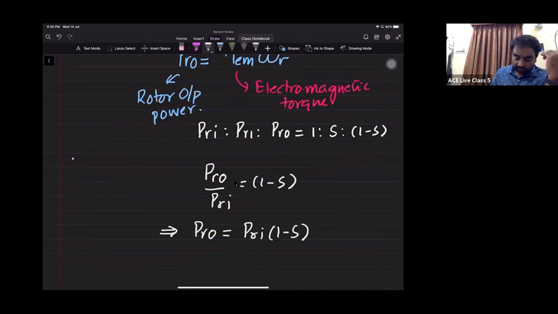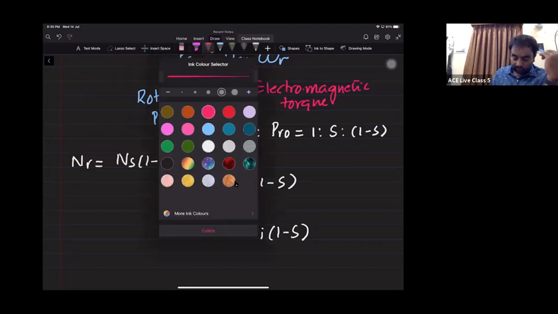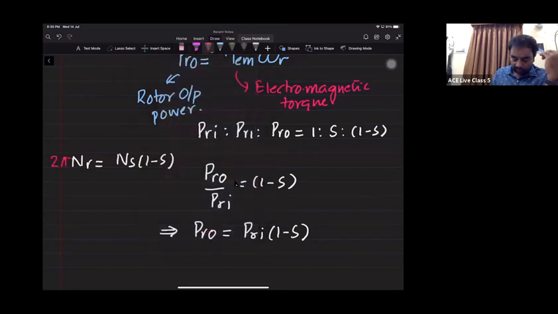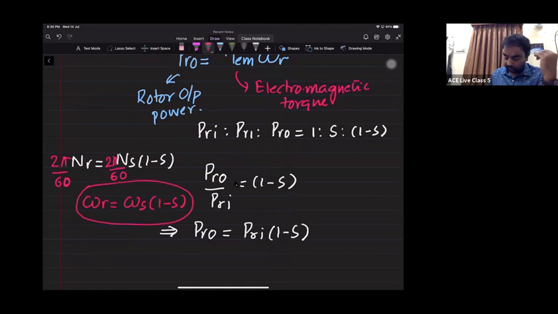Similarly, you know that NR is equal to NS into 1 minus S. So what I will do is divide on either side by 2 pi by 60. If I do that, omega R is equal to omega S into 1 minus S. So I'll substitute this in this equation.